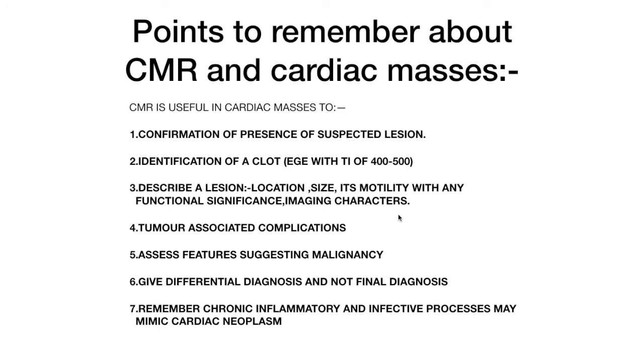Describe a lesion, give its location, size, its motility with any functional significance and imaging characters. For tumor-associated complications, what complications are happening because of the tumor, we have to describe them. Assess features suggesting malignancy, give a differential diagnosis, and you may not give a final diagnosis if it is not possible.